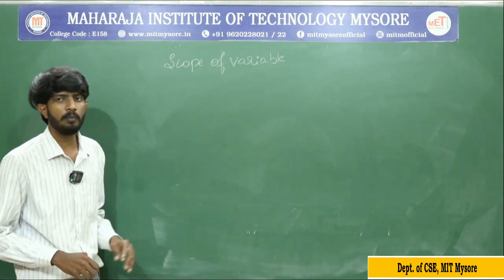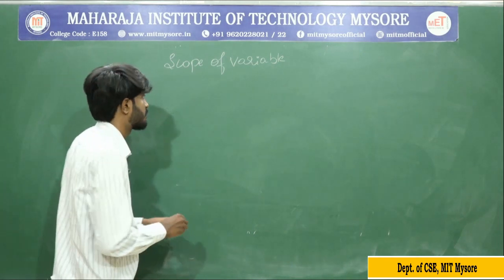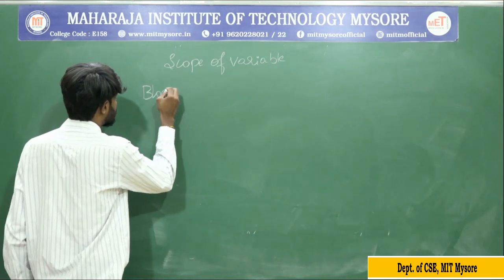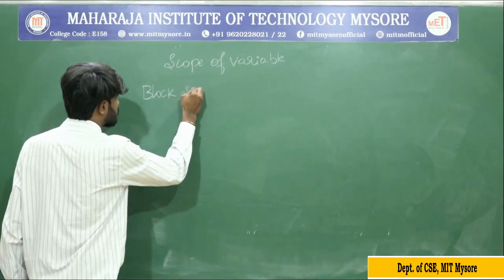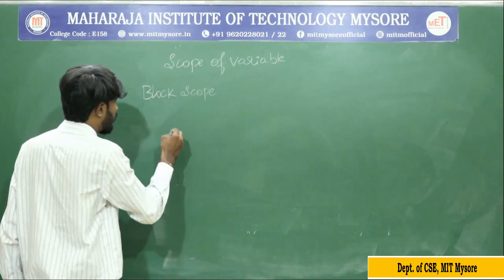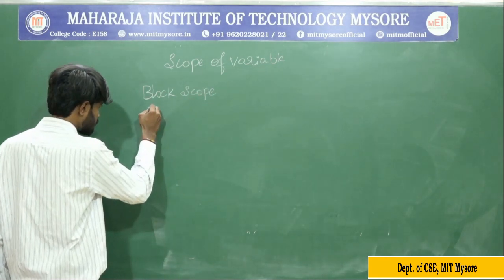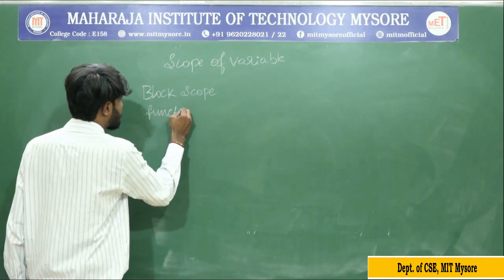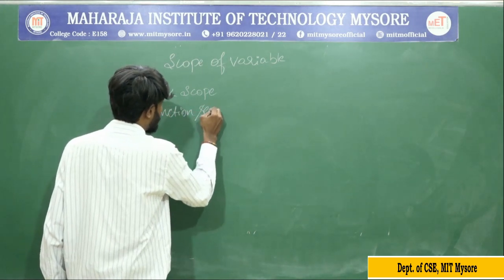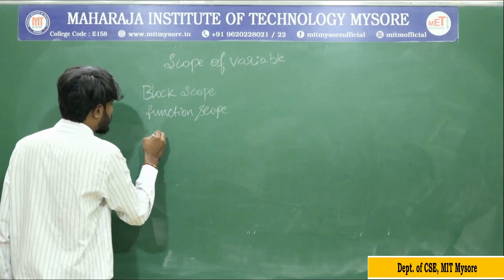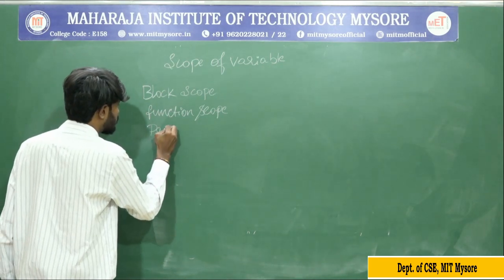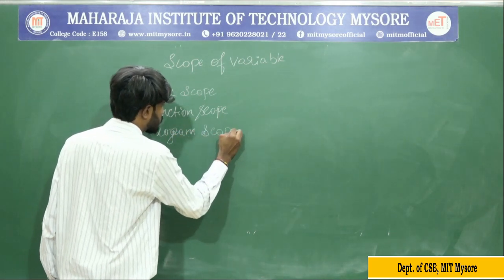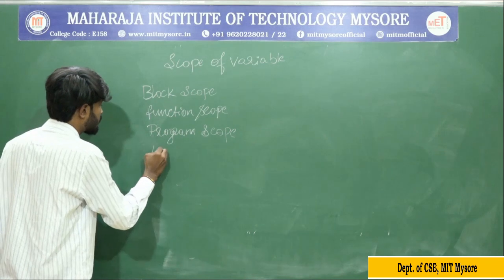So in scope of a variable, we have 4 types: block scope, function scope, program scope, and file scope.